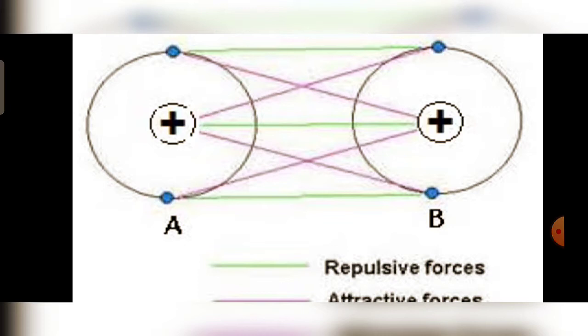And if the attractive forces between the nucleus of one atom and the valence electrons of the other atom become dominant, then the bond formation will occur.